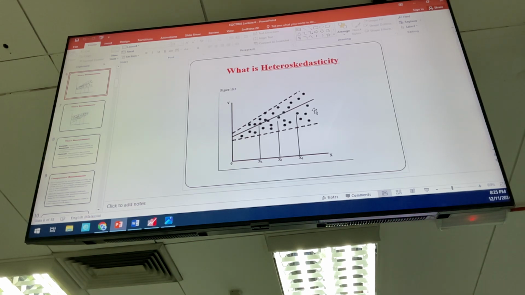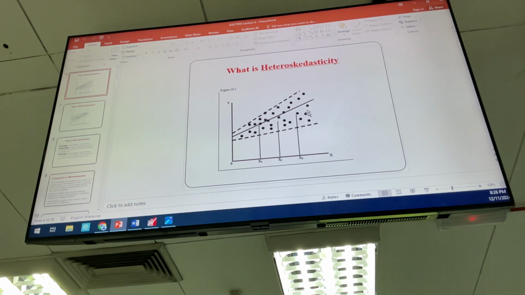In order to overcome the problem, one possible way is to use per capita variables, meaning that you divide by the number of people. So let's say the total expenditure in Kuala Lumpur, you divide by the population, how many people in Kuala Lumpur, so that you get the average expenditure per person. And you do the same for other cities as well.